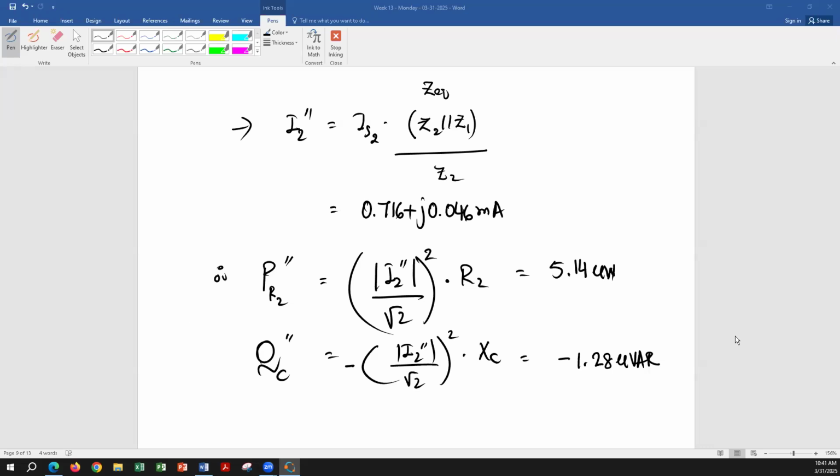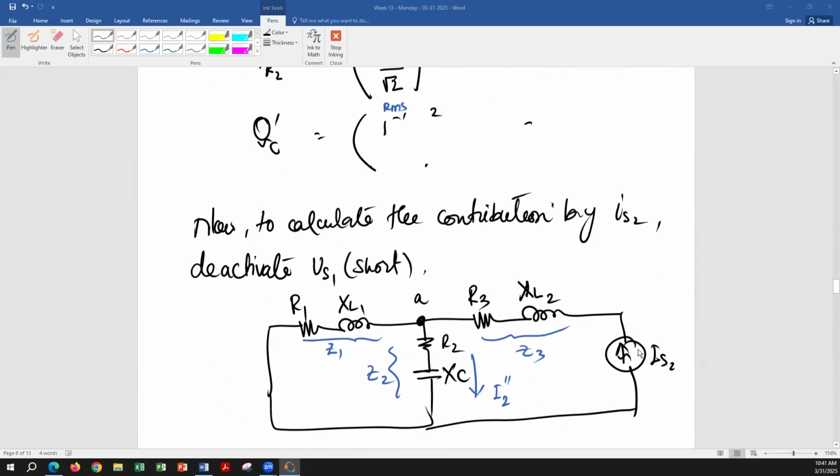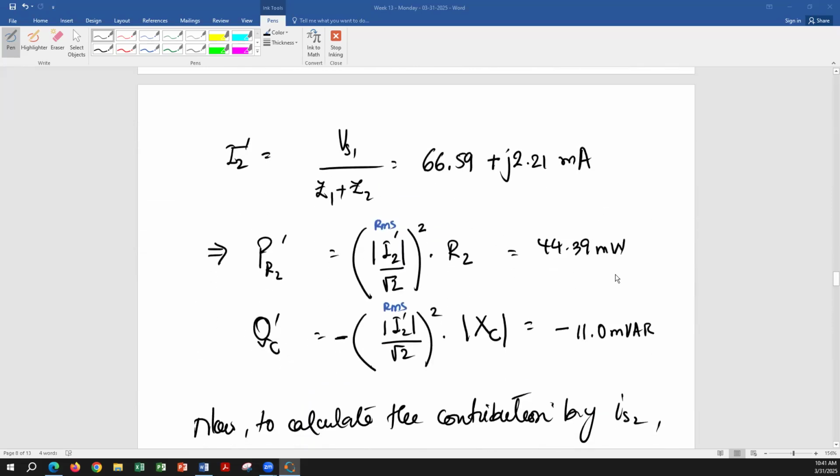So if I add both of them together, I'm going to come out to be 44.4 milliwatt, so 44.39 milliwatt.